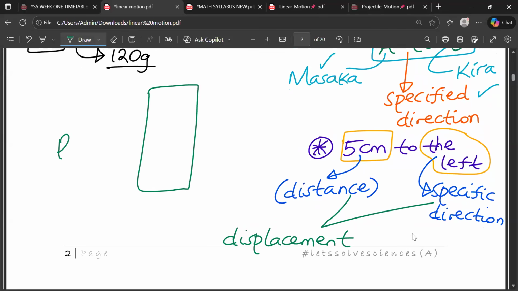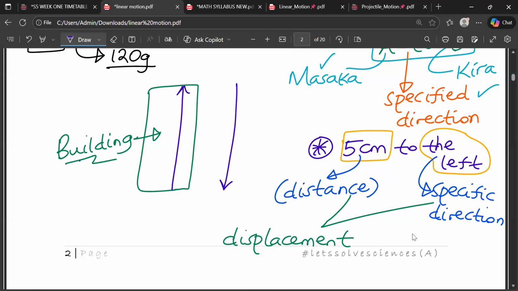This can be a building. And they tell you, from down to up, then from up to down, like that. They tell you, these ones are 4 meters.